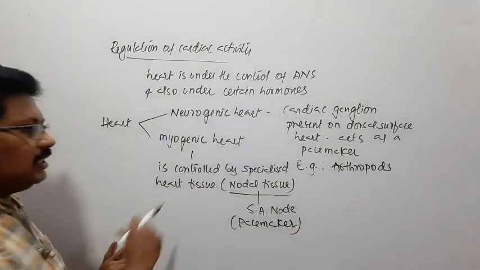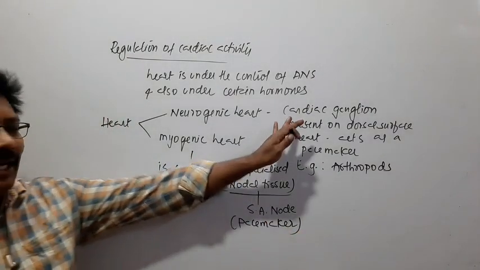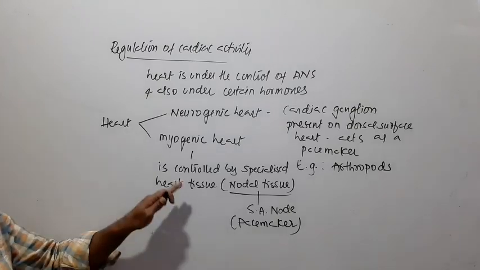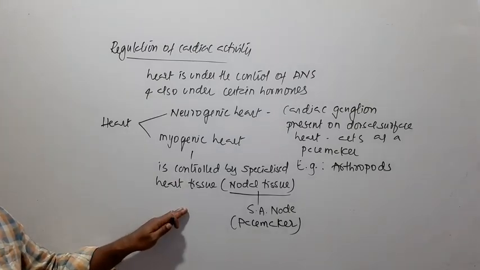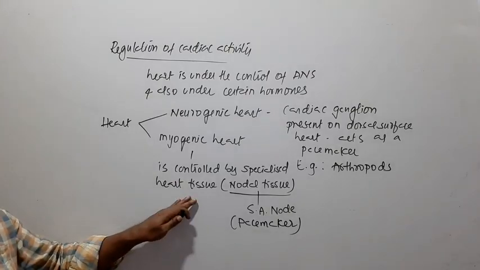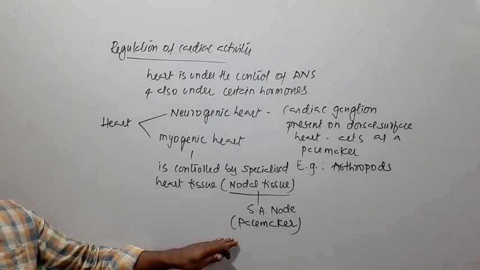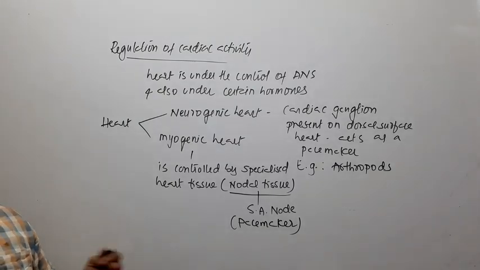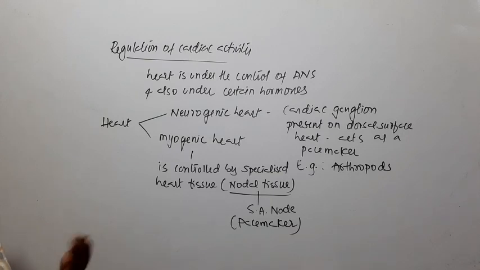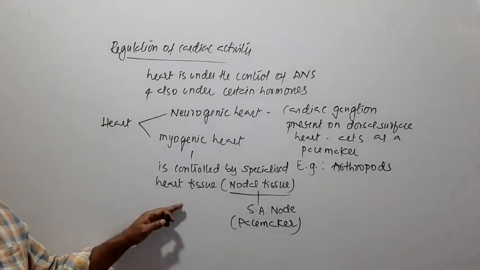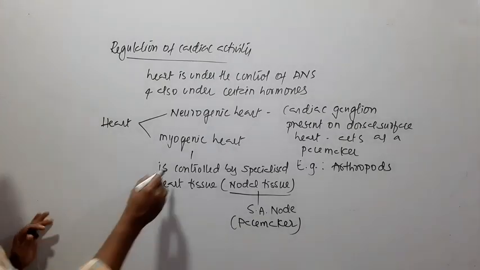So here you can see in the myogenic heart, it is not any ganglion, but a specialized cardiac tissue that acts as a pacemaker, and that is the one which initiates action potentials and helps in the contraction and relaxation of the heart. Right.